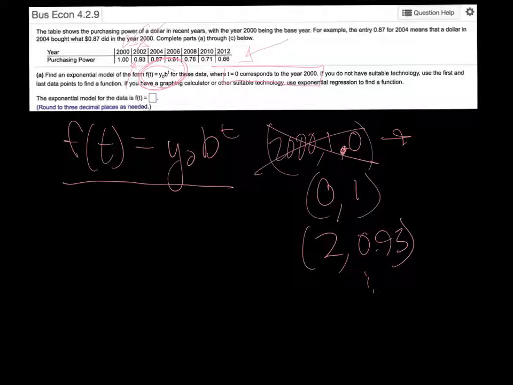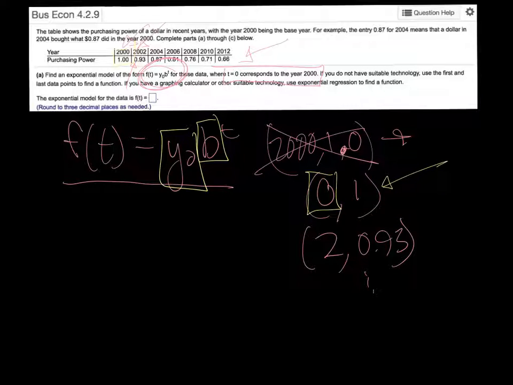So there are a couple things that we know that we do not, quote, know, and that would be y sub 0 and the base for this function. So let's first use this first data point with an x value of 0, or technically a t value of 0, to determine the first thing. When they tell you with this point that when t equals 0, year 2000, f of t is equal to 1.